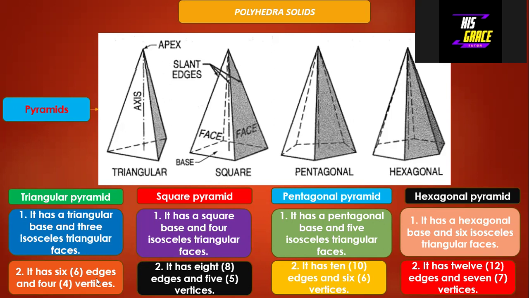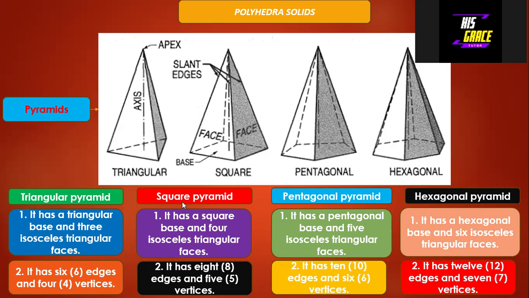Then it has 6 edges and 4 vertices, as we have here. For the 6 edges, we have 1, 2, 3, then 3 down here, making it 6. And the vertices, we have 1, 2, 3, 4. So those are the properties of a triangular pyramid.